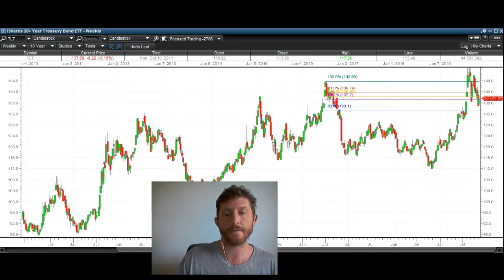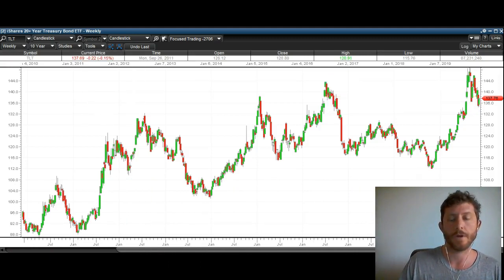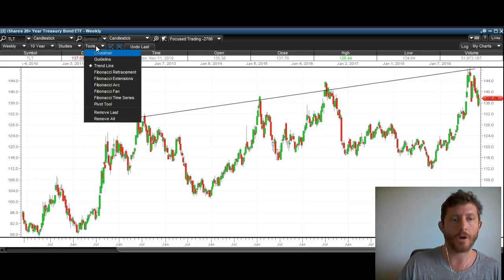Each of these other times that we've hit this resistance up here, we've ultimately gone as low as the 61.8 Fibonacci retracement level. I'll draw that for you right now.